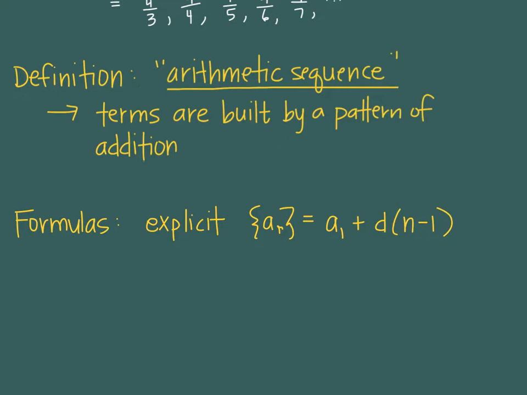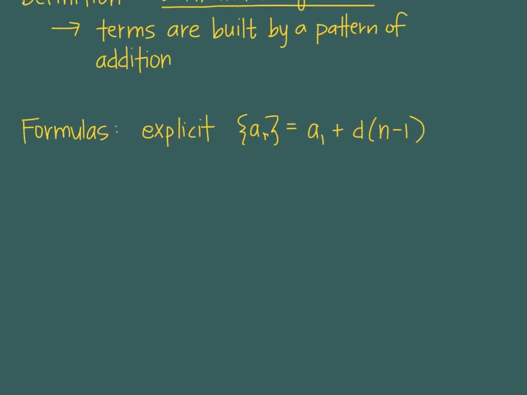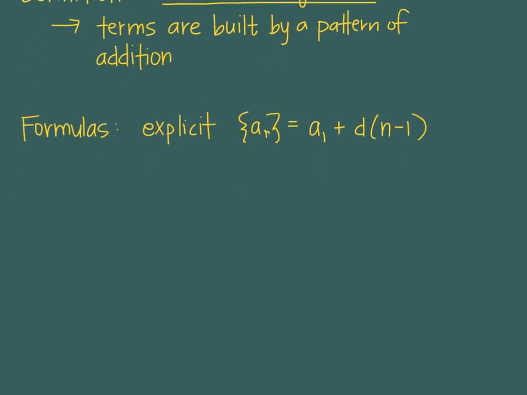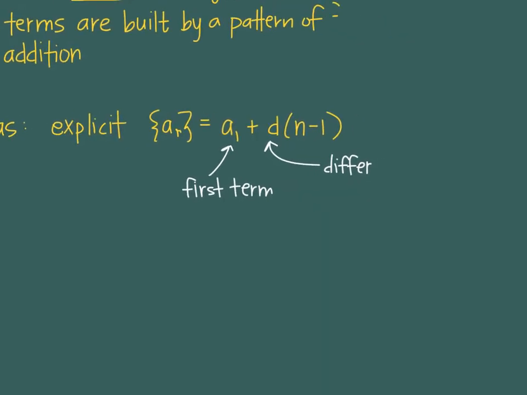Okay, those are subscripts right there. A sub 1 means that's where you put the first term. So that value right there is whatever number comes first in your order. D is what we call the difference between each term. It's what's being added, whether it's a positive number or a negative number. It's the difference between terms.